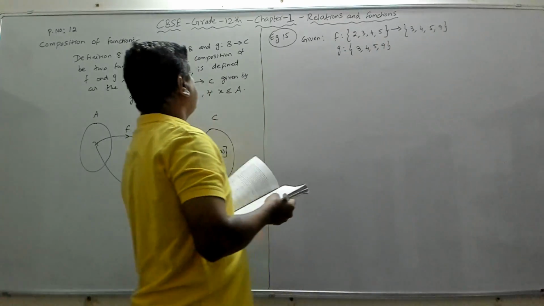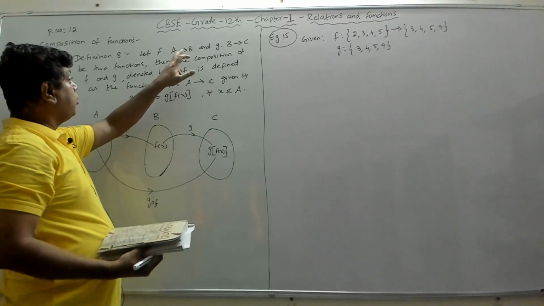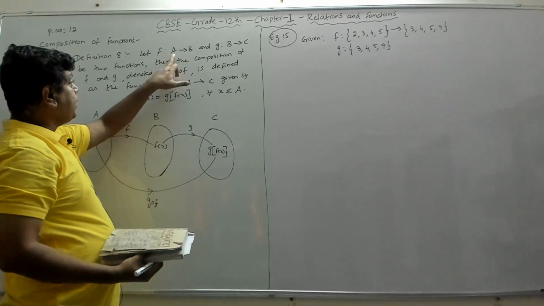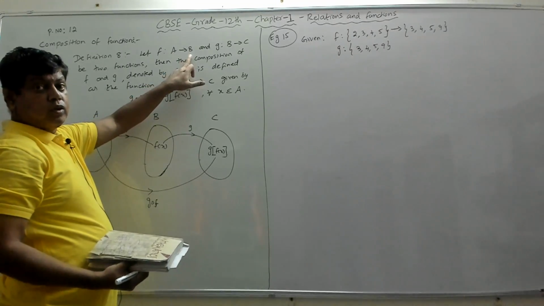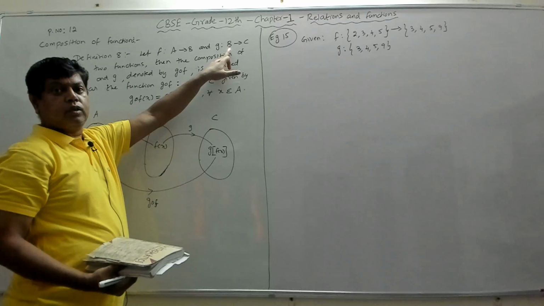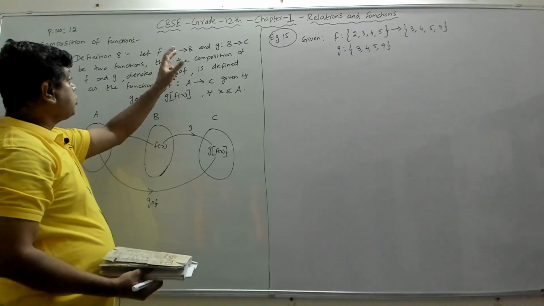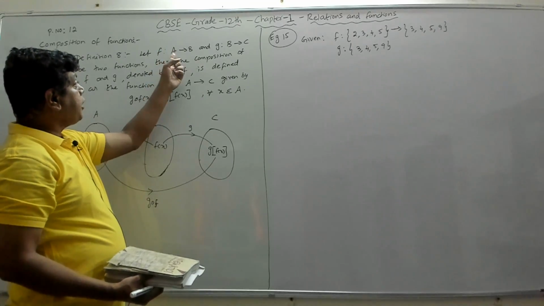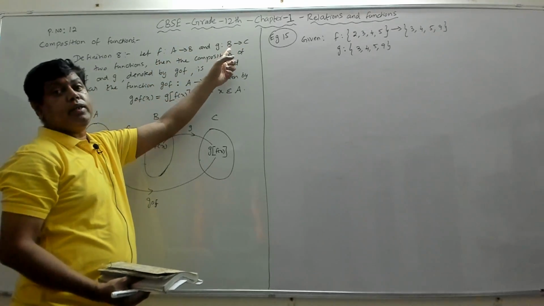See here, when we have the composition of functions, it is very important to note that f's domain is A, codomain is B. The codomain of f should become the domain of g. Only then can we define g of f. So the two functions should be such that f is from A to B, then g should start from B to C. It cannot start from any set.